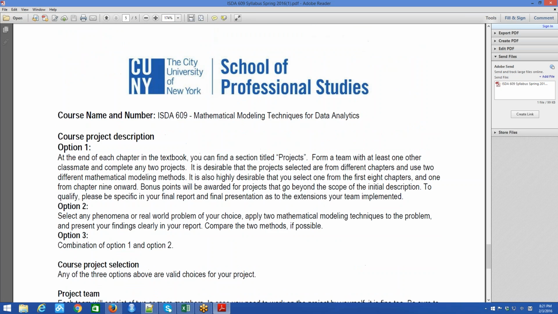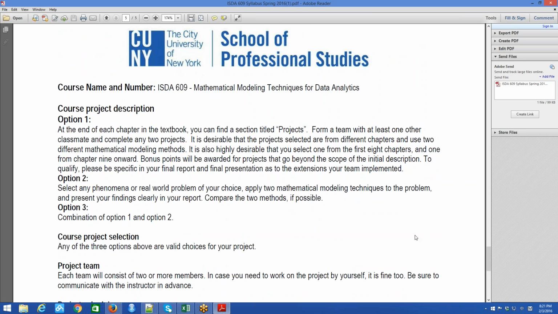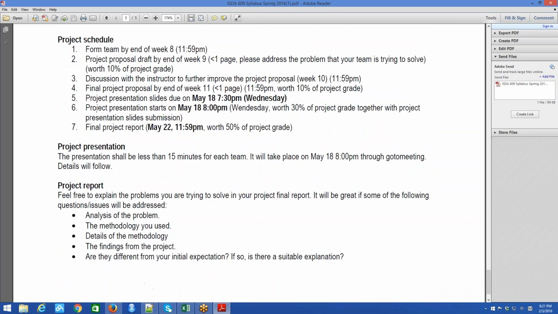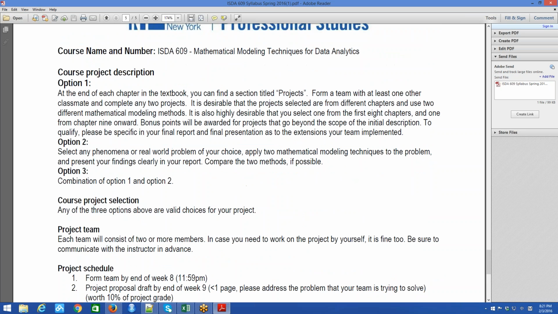This is the last page of the syllabus, which has a more detailed description of the project. I'm not going to discuss it at length today, but we're going to discuss it sometime around week 7, week 8 of the semester. Just a quick comment: each team can consist of 2 or more members.